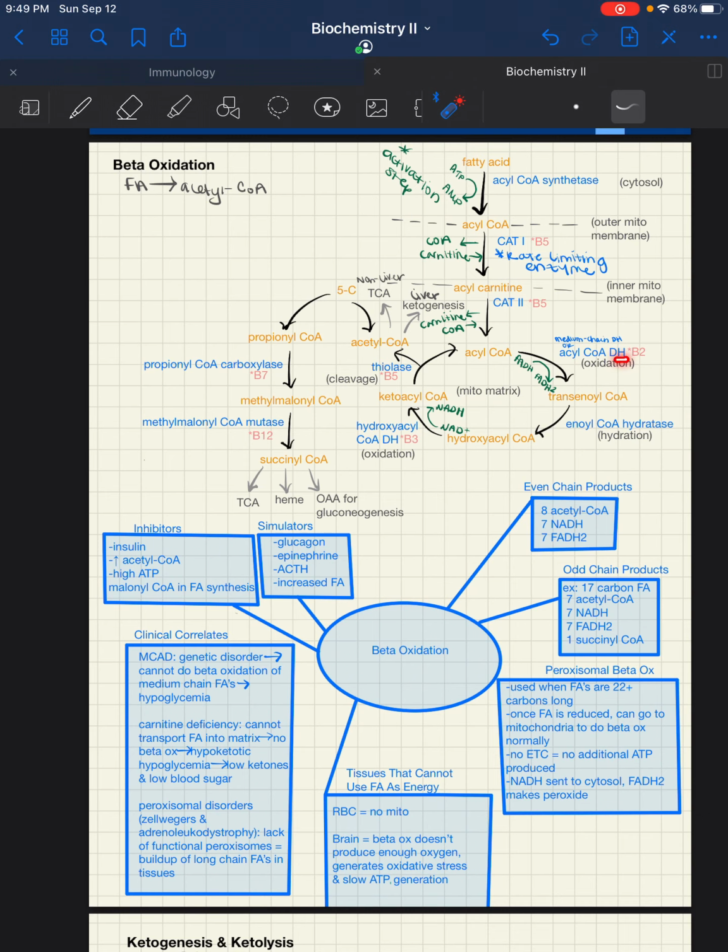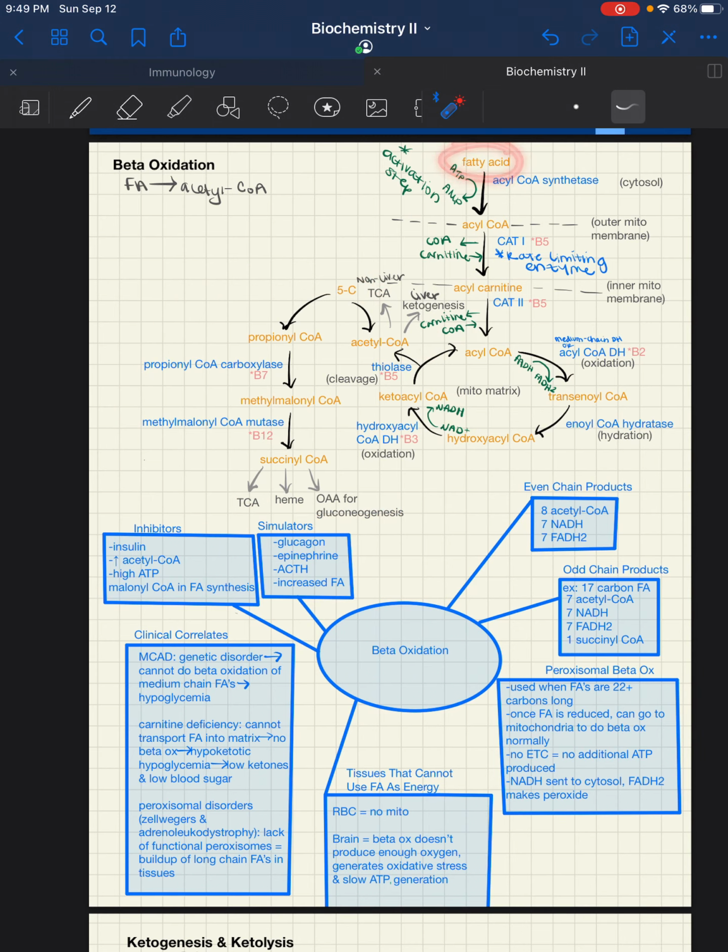I noticed that dehydrogenases are always paired with either B2 or B3. So we have a dehydrogenase here, so it's B2 here. Dehydrogenase, but it's B3, so it's 2, 3, 5, 5, 5. So in like ascending order going this way. I noticed that. I'll talk about this in a second.